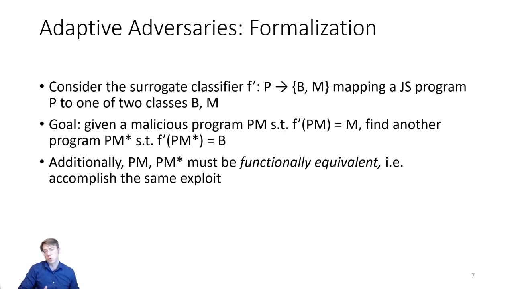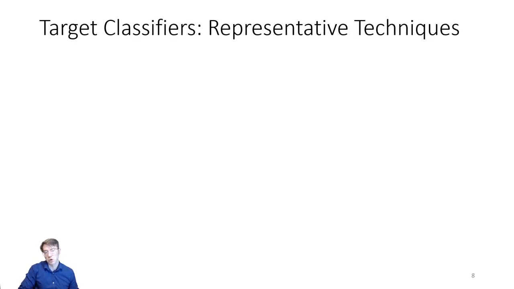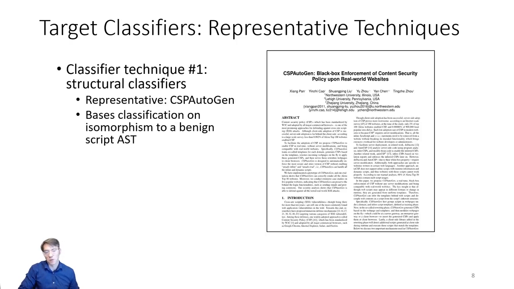In order to test whether our adaptive adversaries are effective, we consider two main different types of classification techniques. The first is that of a structural classifier, and to make this more concrete, we focus particularly on a defense framework called CSP Autogen. Although CSP Autogen is a large system, it does have to solve the classification problem, and hence we consider it a good representation of structural classifiers.